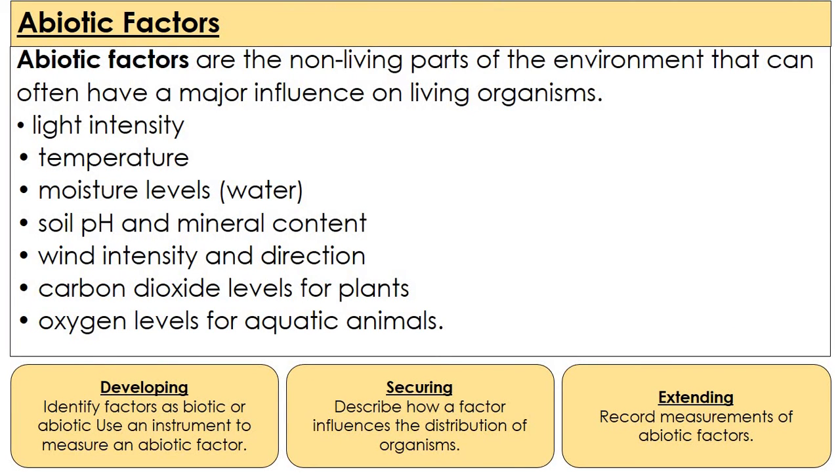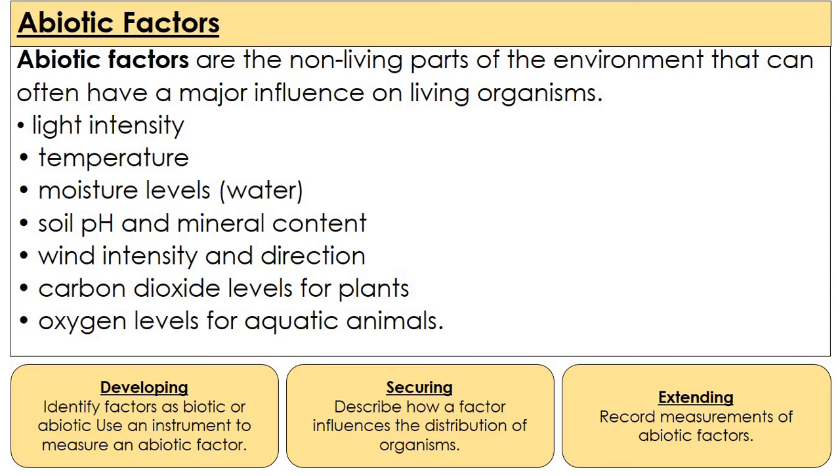So abiotic factors. We can broadly think about the factors that affect the distribution of living organisms in 2 key groups, abiotic and biotic factors. We know that if we break this term down, bio means living. If we are biologists, we are studying living things. Abiotic then means non-living, and biotic means living. So abiotic factors are the non-living parts of the environment that can influence the distribution of living organisms.